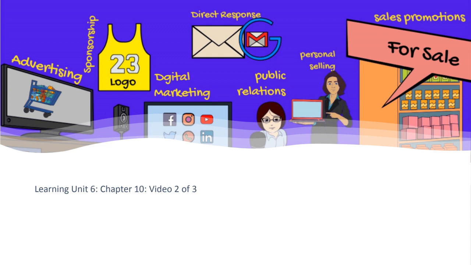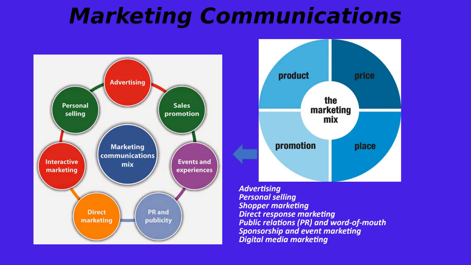So we are looking at our final part of this course, which is called Marketing Communications. And again, I always take you back to the beginning, and we look at our 4 Ps, our marketing strategy. Remember, we have looked at the marketing environment. We've done the segmentation, targeting, and positioning process to get our target market.